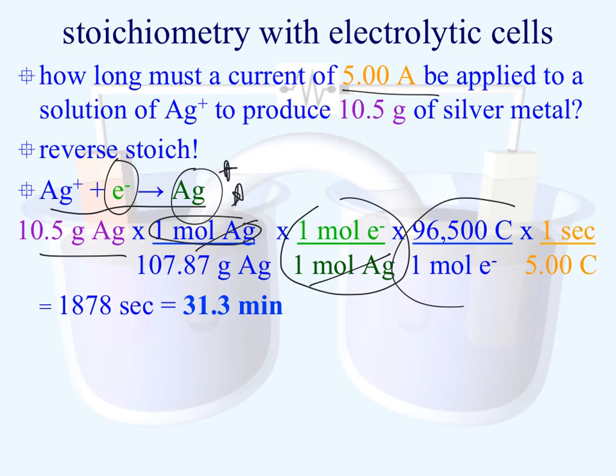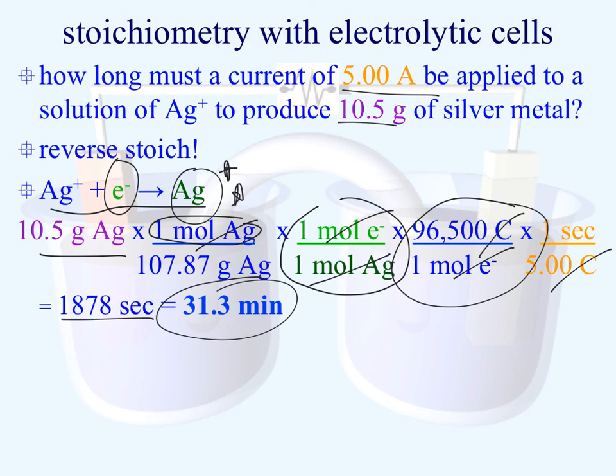Then we use our relationship between coulombs and 1 mole of electrons, and moles of electrons cancel. Then we use our amperage to get rid of coulombs and to get our time. Coulombs and coulombs cancel, and I have seconds left over. So 1,878 seconds, which is about 31.3 minutes. So it would take 31.3 minutes to plate 10.5 grams of silver metal onto this surface.